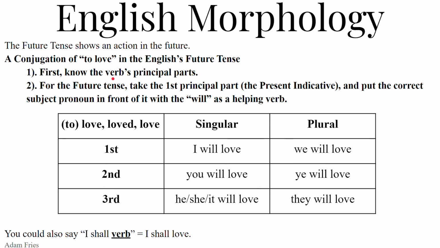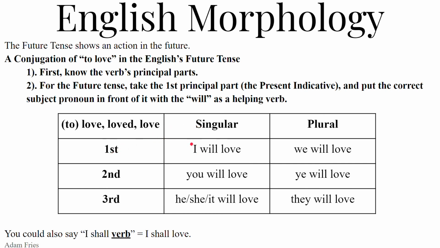First, as always, know the verb's principal parts. I want to love, I loved, I have loved. We are using only the first principal part in this tense, so we want to put the correct subject pronoun in front of it, along with the helping verb will. We're not going to alter will at all. In fact, we're not going to alter the verb at all. The only thing we're changing is the subject pronoun.